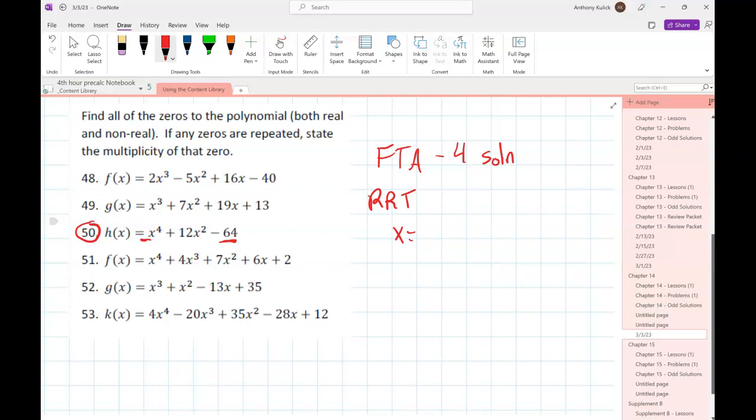Now, since the leading coefficient is just 1, it's just going to be the factors of the constant term, right? Because anything divided by 1 is itself. So my factors of 64 are 1, 2, 4, 8, 16, 32, and 64.